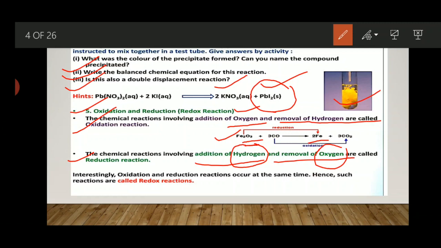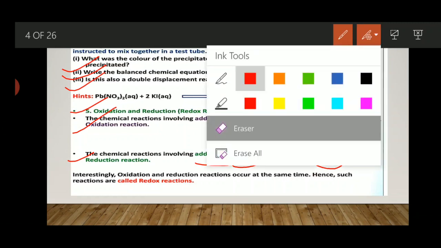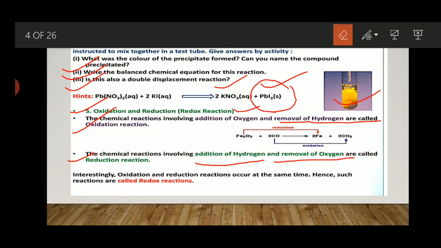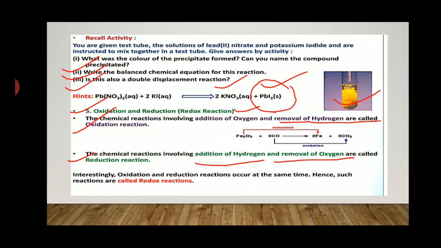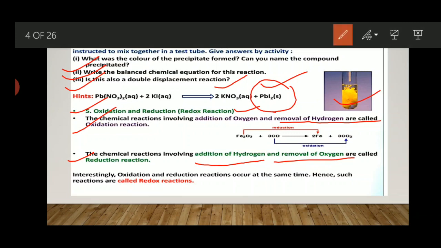See, ferric oxide is also known as an oxidizing agent and carbon monoxide is also known as a reducing agent. We can understand by this that whenever in any chemical reaction, any reactant undergoes an oxidation process, that reactant behaves like a reducing agent, and the reactant which undergoes a reduction process behaves like an oxidizing agent.